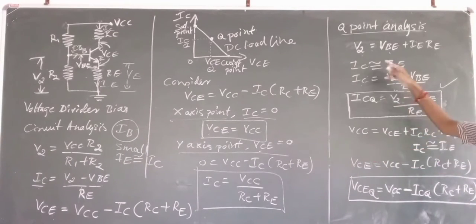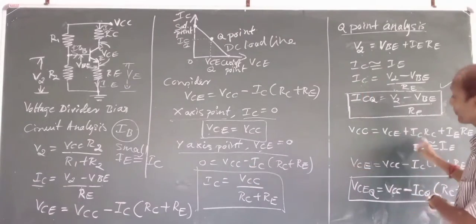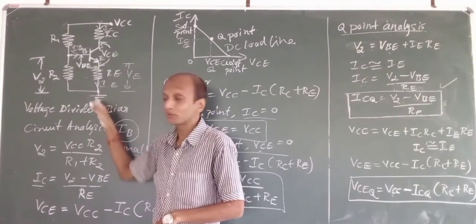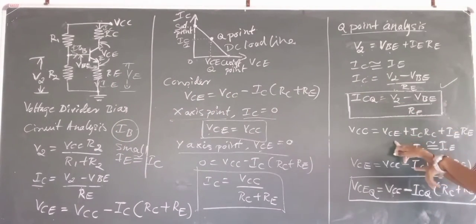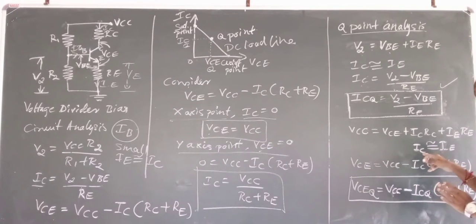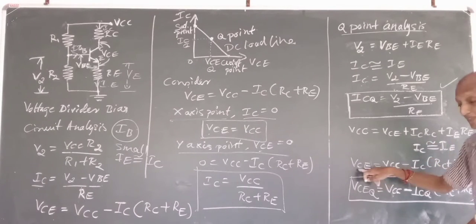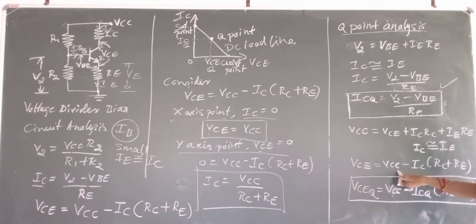Now I am coming back to the same equation. If I apply KVL at the collector circuit, VCC will be equal to VCE plus IC RC plus IE RE. Because IB is very small, I substitute IE approximately equal to IC, so that reduces to VCE equal to VCC minus IC into RC plus RE.